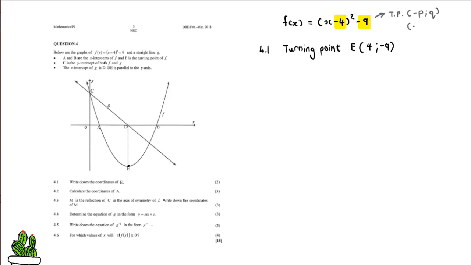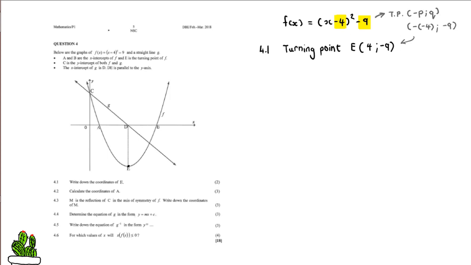So you have minus, the p value in this case is minus 4 and your q value is minus 9. Right, so then this gives you the point (4, -9). And if you look at your Cartesian plane, that makes sense because you have a positive x value, and you have a negative y value. So the point (4, -9) makes absolute sense.